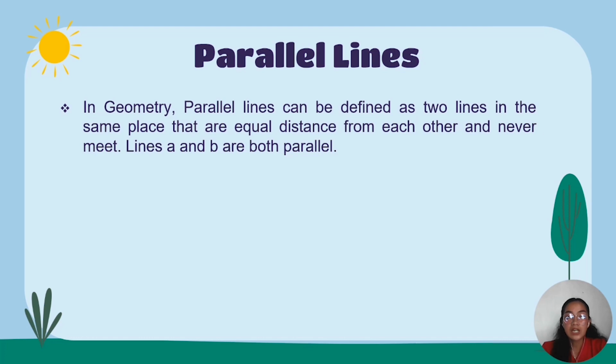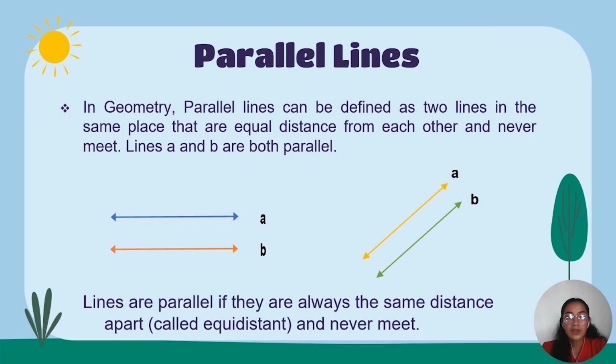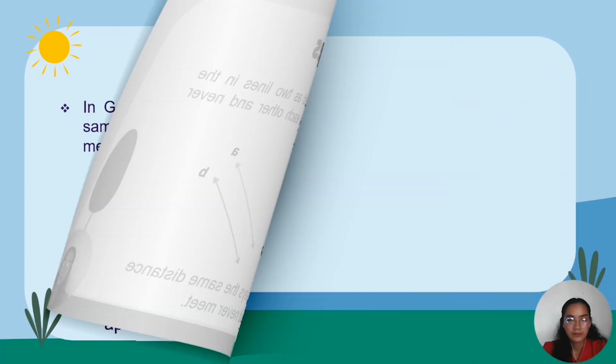Let's have an illustration of parallel lines. Lines A and B are both parallel. Why can we say that? Because these two lines have the same distance apart, which is called equidistant, and never meet. Okay? So let's have more examples.